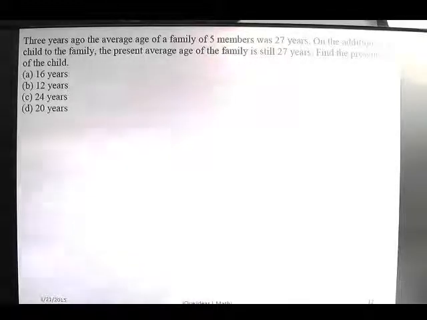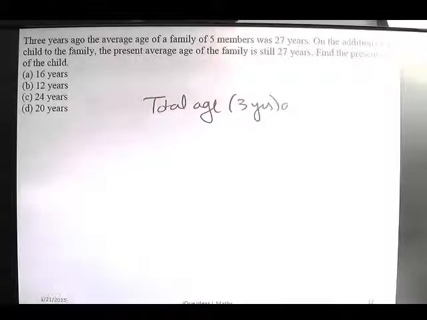It says 3 years ago the average age of the family of 5 members was 27. On addition of a child to the family, present average age is still 27. Then what is the present age of the child? Well, 3 years ago the average age for 5 members was 27. So the total age for 5 members 3 years ago should have been equal to 27 multiplied by 5, which is 135.